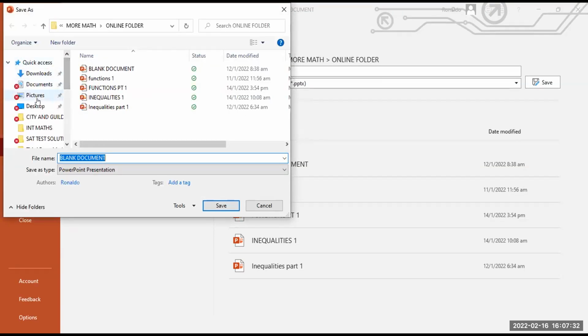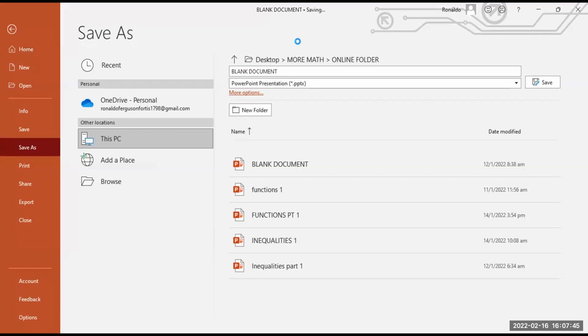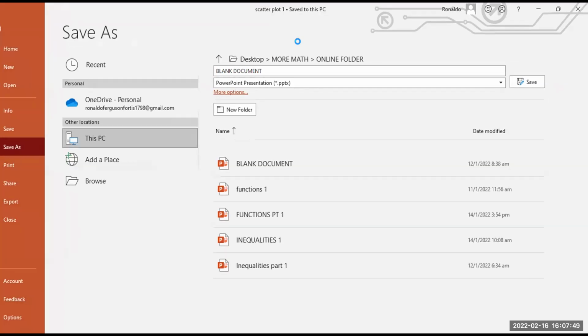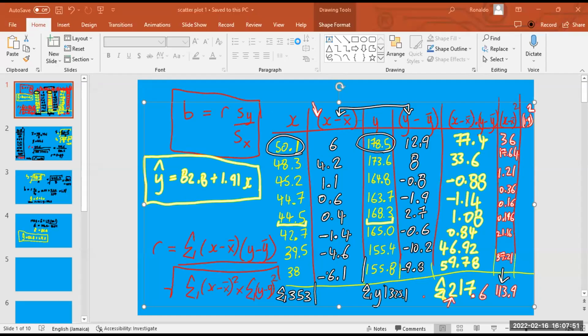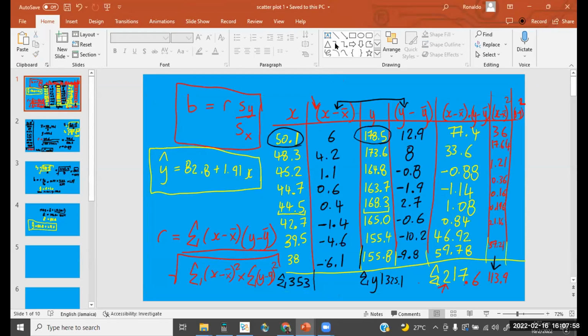This is scatter plot 1, because that's for today. All right, I just saved it as scatter plot 1. Yes, definitely, as soon as we end, I can send it.